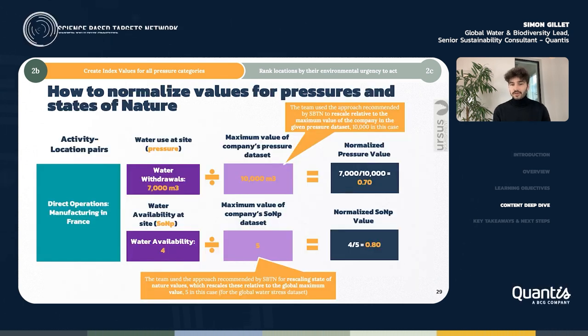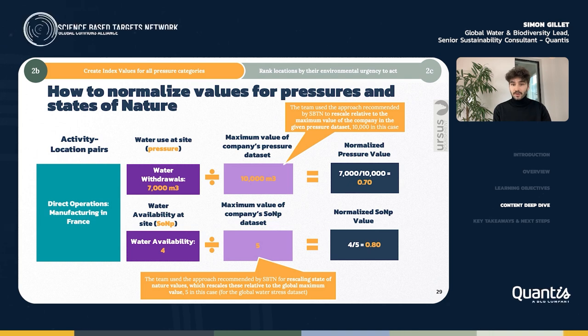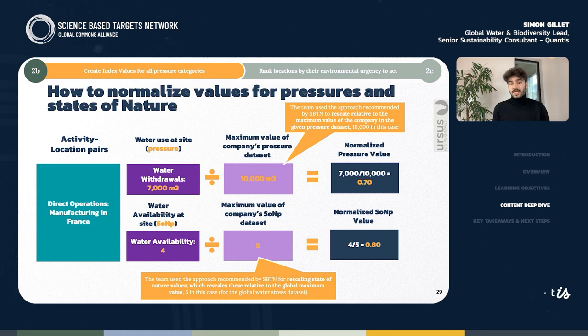You might be wondering how one might run the index calculation when there is a need for a normalization and harmonization process. Here we will show you just that. As we just saw, harmonization is the process of ensuring the pressure and the associated state of nature metric, SONP, are at the same spatial scale.